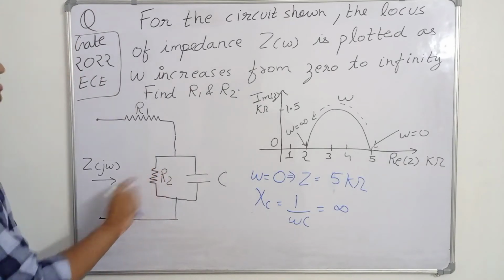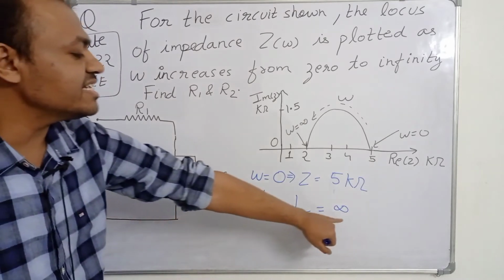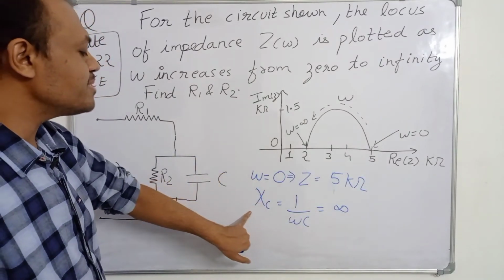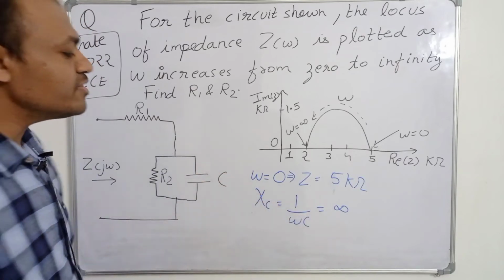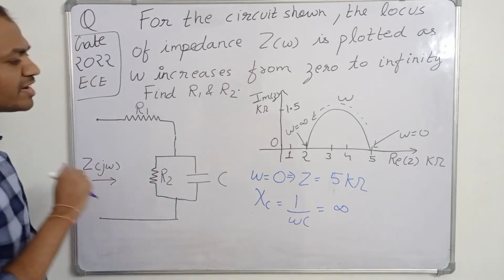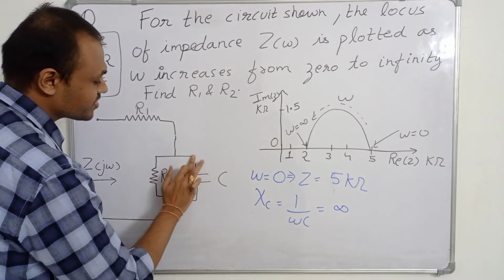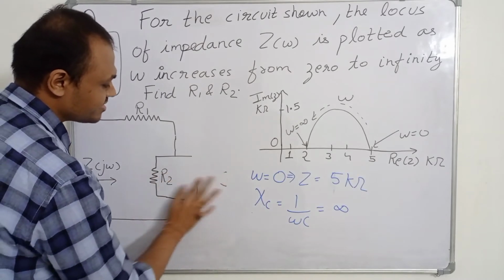When frequency is equal to 0, the capacitor can be replaced by an open circuit because its reactance is infinite. So for 0 frequency or for a DC signal, the capacitor can be replaced by an open circuit. So I am removing this capacitor.